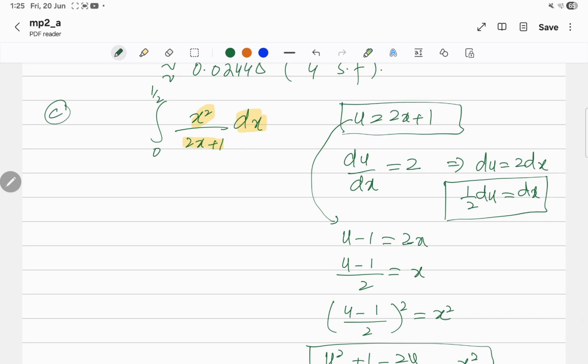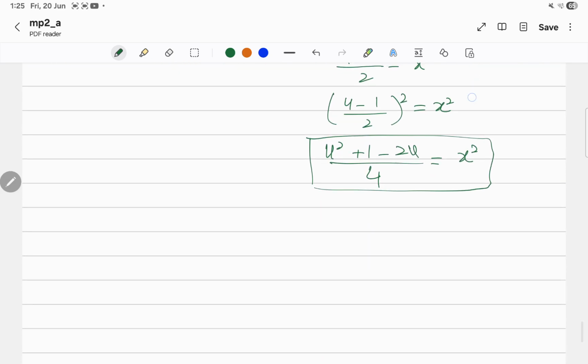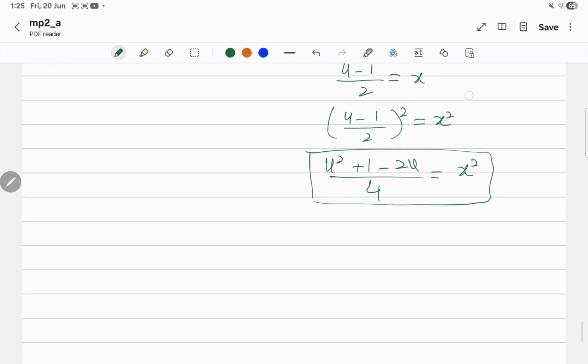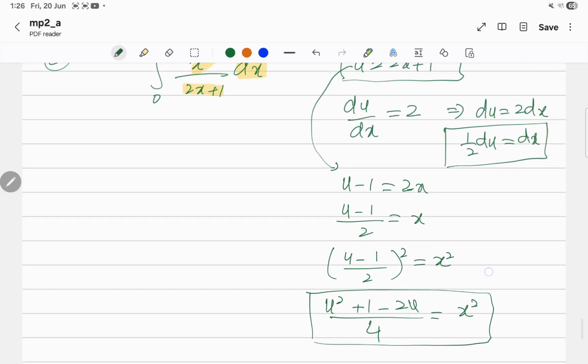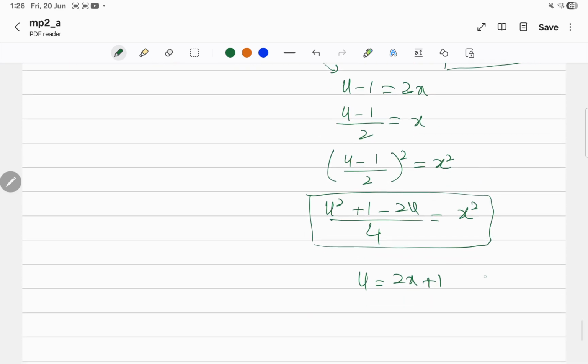Now we have to switch the limits as well, because the limits are with respect to x and we need the limits for u. So since we set u equals 2x plus 1 and the lower limit of x is 0, when x is 0, u will be 2 times 0 plus 1, so u is 2.